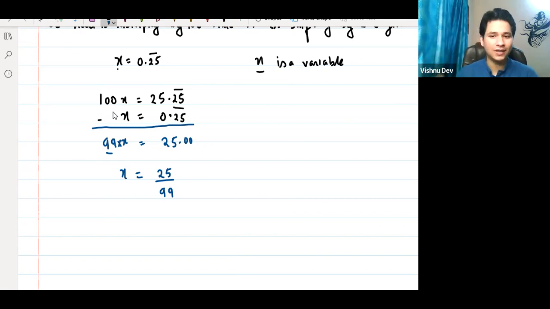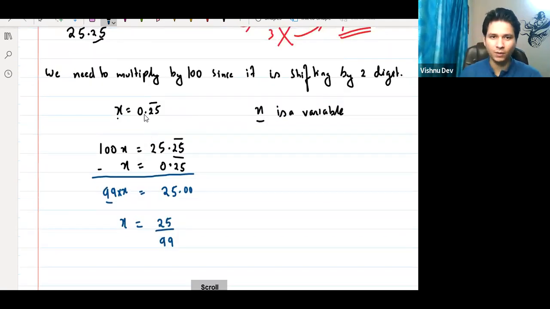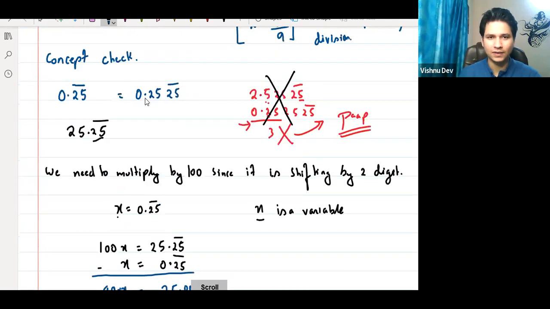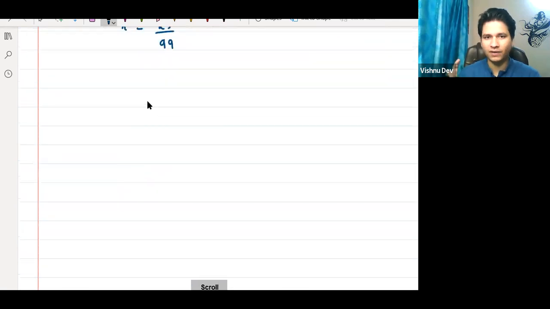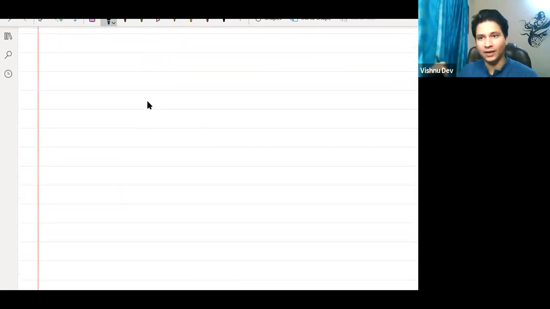अब जैसे देखो, I will give you one more problem. So I guess all of you understood this. Now let us take one more concept check. Now this is a different type of problem. Okay? So let us take one more concept check. Now here I'm having x is equal to 0.233 bar.